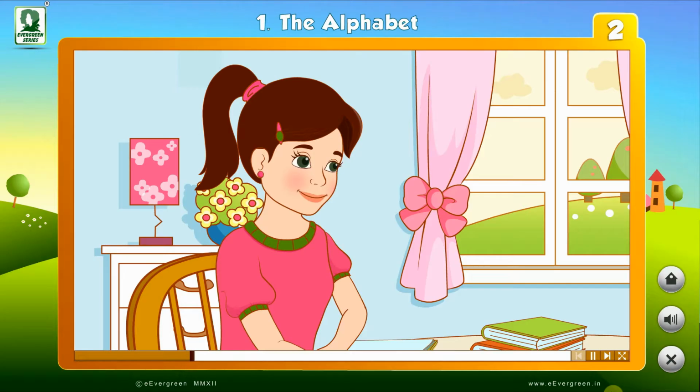Wow, I like it. But you can write all these small alphabets in capital letters also, like this.